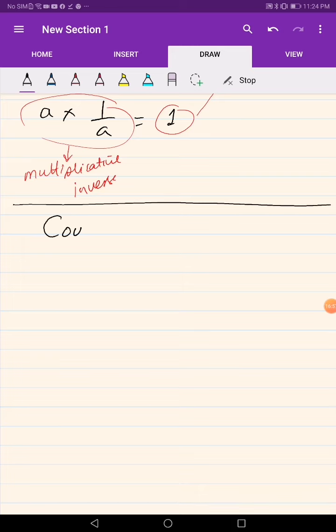A counter example is an example in which a statement will be given and that statement will be assumed true, but you will find a particular case which will deny the fact which is written there. So I can give you one example.